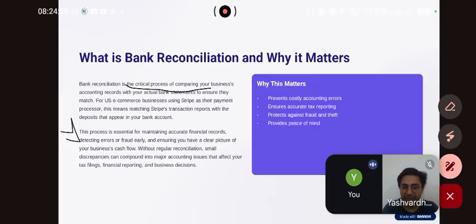So why does this matter? Because it prevents costly accounting errors, it ensures tax reporting, it protects against fraud and theft, and it provides peace of mind.